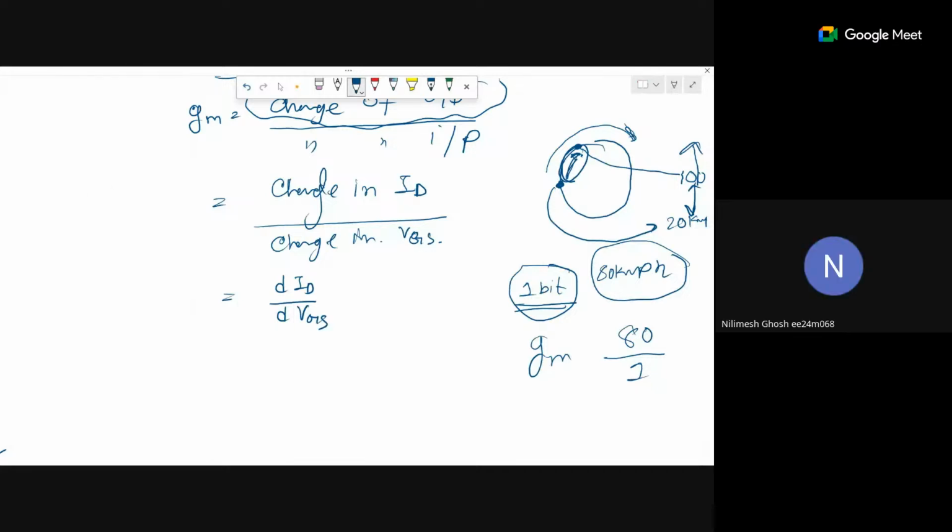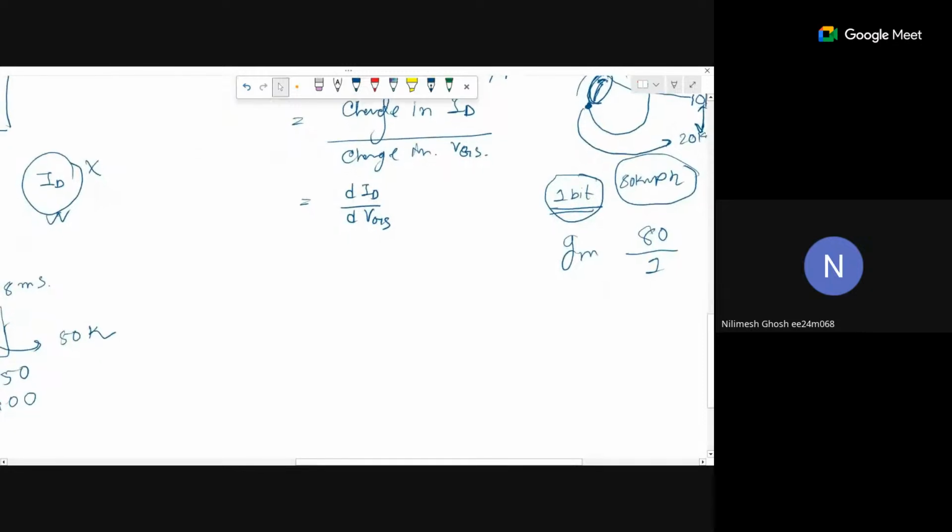So we know what ID is. So d/dVGS of ID. What is ID in saturation? 1/2 mu n Cox W/L (VGS minus VT) whole square. Now this whole mu n Cox W/L is constant, so it will come outside. 1/2 mu n Cox W/L.